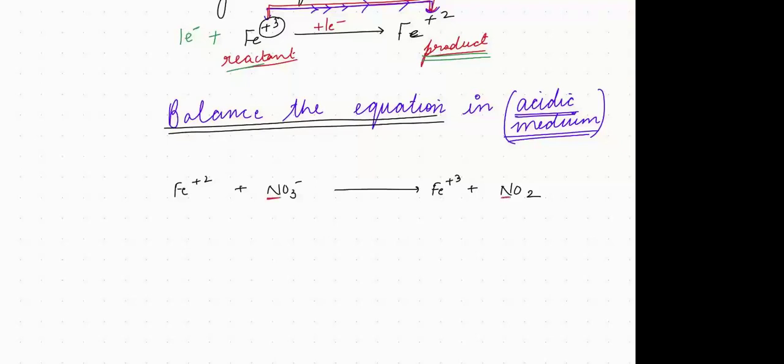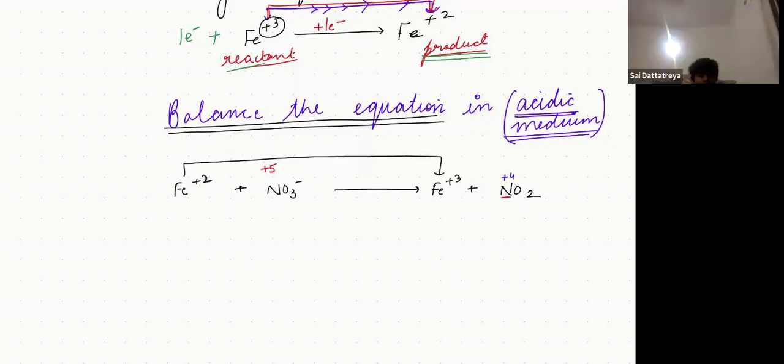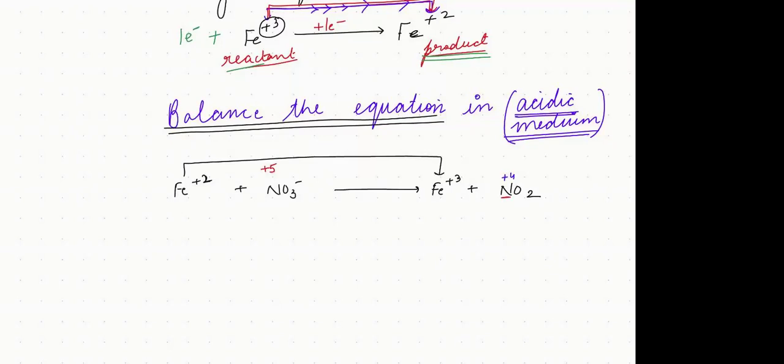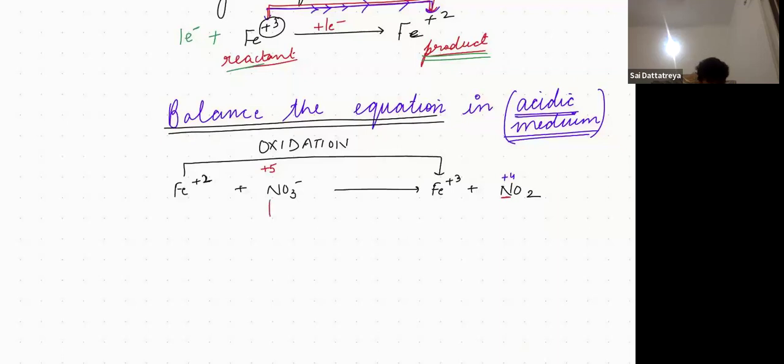You just calculated that nitrogen's oxidation state was +5, and here its charge is going to be +4. If Fe moves from +2 to +3, the charge increases. Increase in charge is oxidation. And nitrogen going from +5 to +4 is reduction.